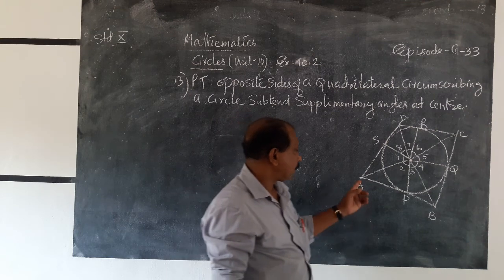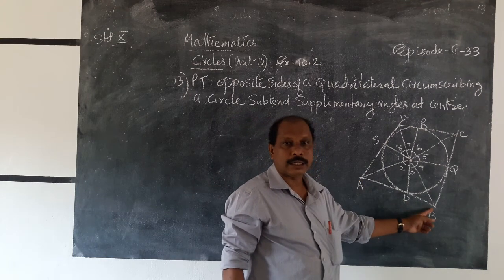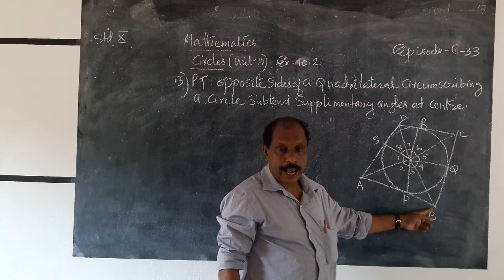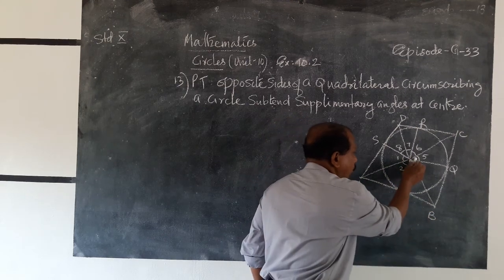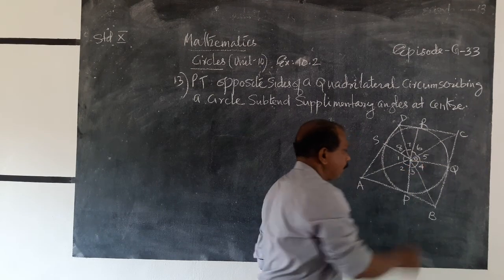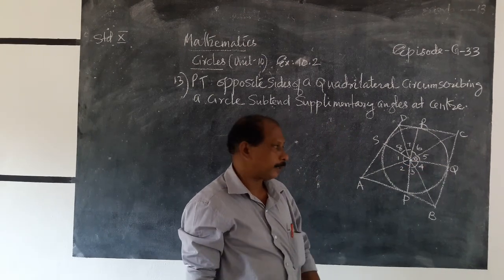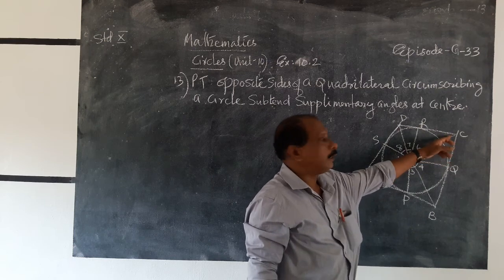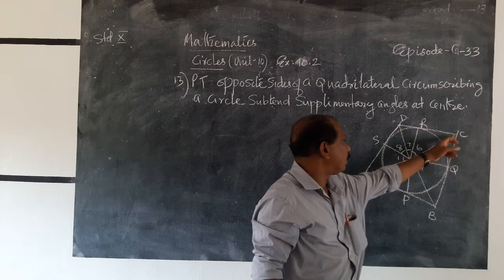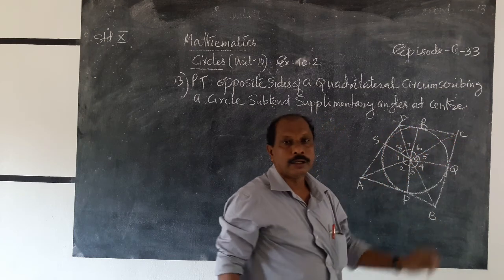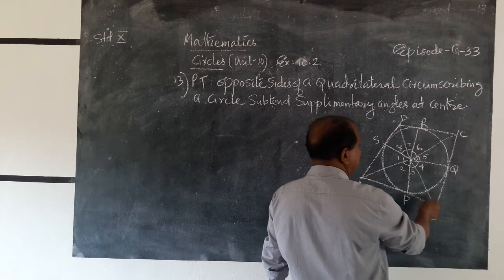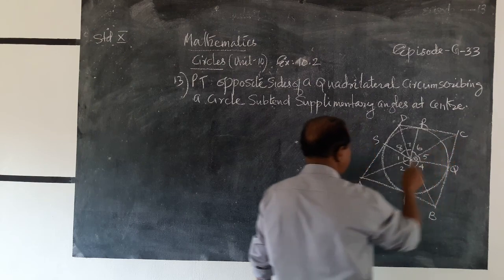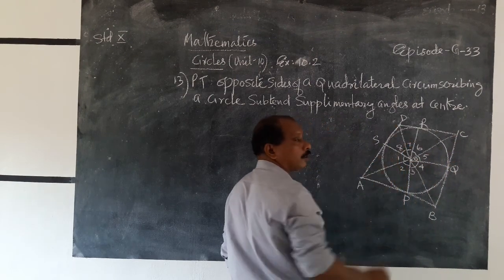That means AB is a side, and the angle at the center is angle AOB, where this point is O. Plus the opposite side DC, that is angle COD, which is equal to 180 degrees. Or angle BOC plus angle AOD is equal to 180 degrees.